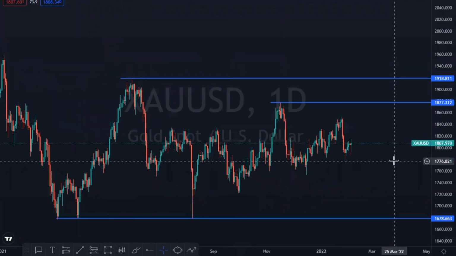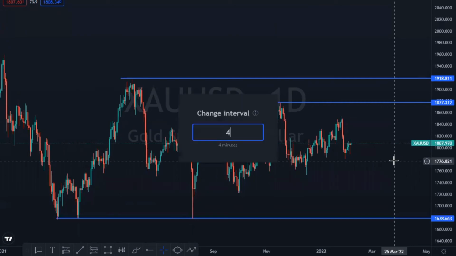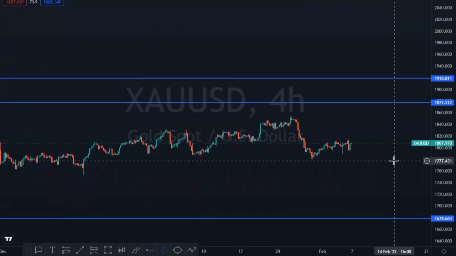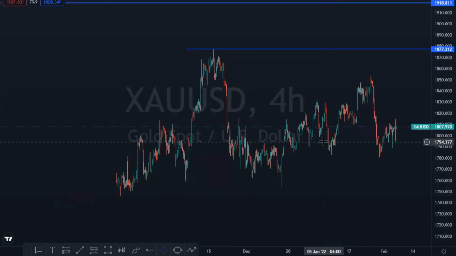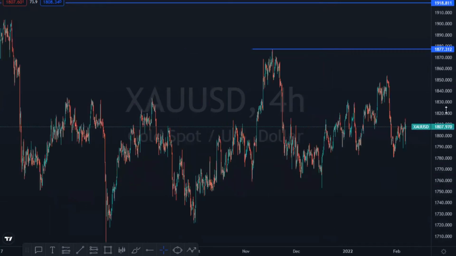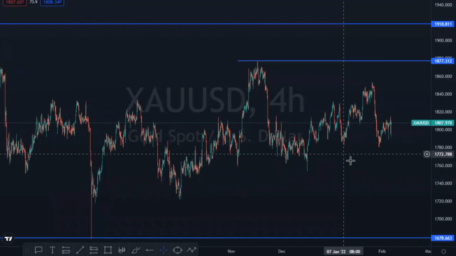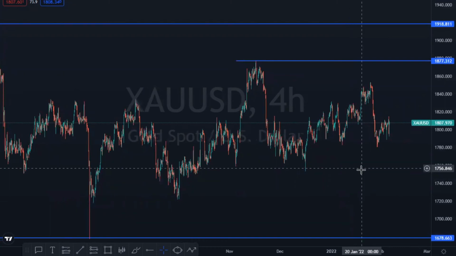So after identifying our levels on our daily, let's go down to the 4-hour time frame. Coming down to the 4-hour time frame, guys, you could see that gold has been bearish, but the question is how long are we going to be bearish, right?